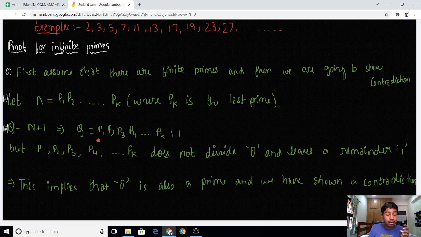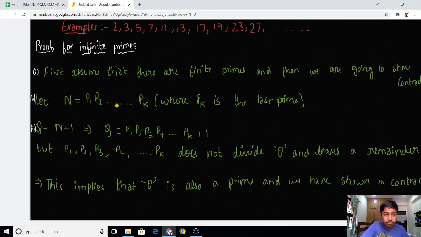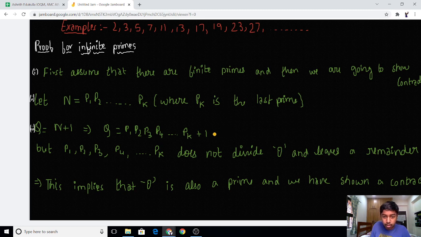And we know that all the finite primes we have taken, none of those primes divide q. That means that even q is a prime. That implies q equals a prime.